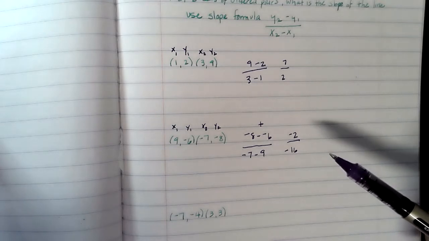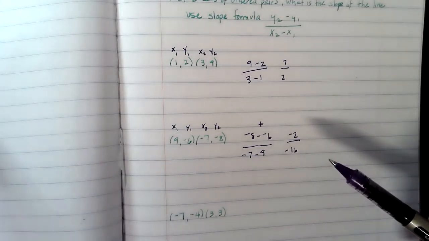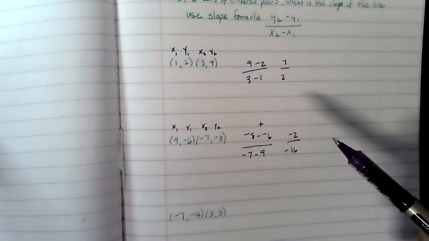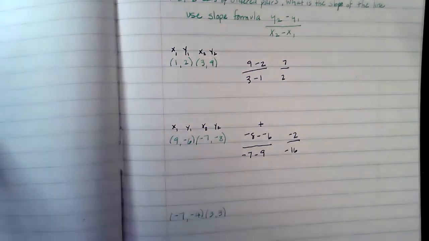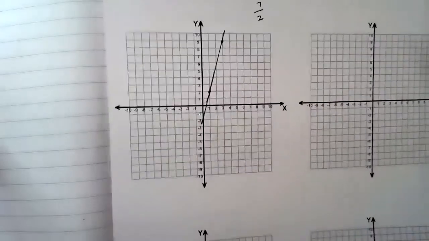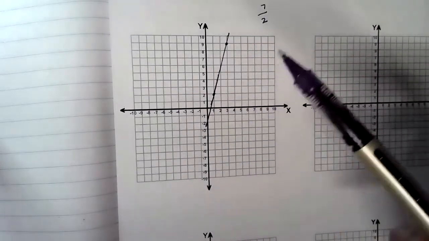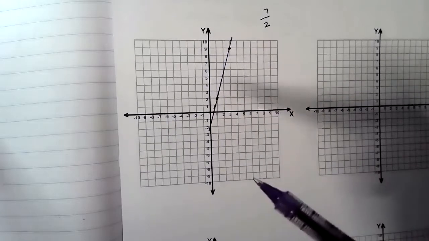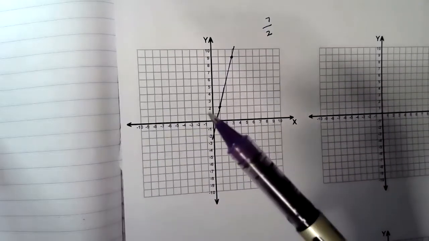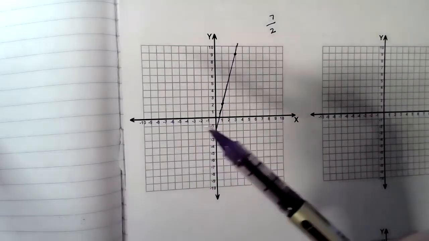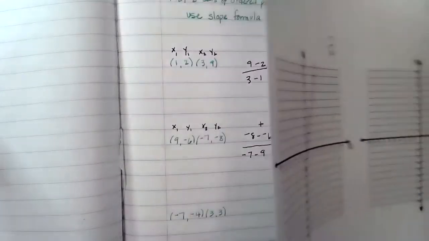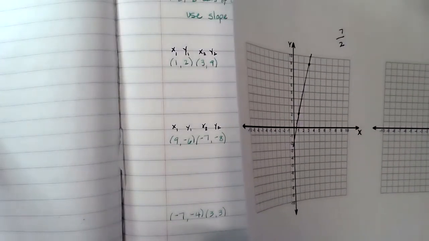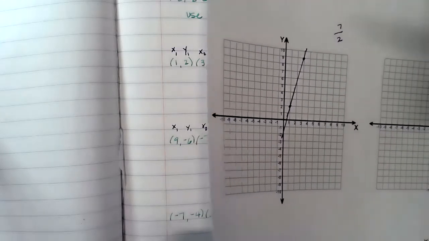It's -2 over -16. Now, what does it mean if it's a negative number, if it's a negative slope? This one is positive. Look what direction the line went. Any line that goes to the right is a positive line. Any line that goes to the left is a negative line, kind of like our number line. And actually, I might try graphing this one just because it's different than the first one. So we've got 9 and -6.